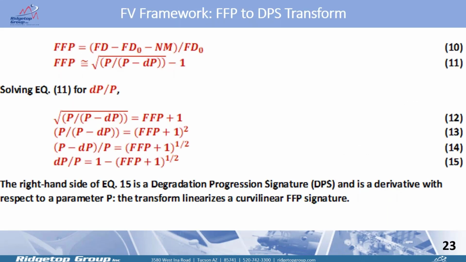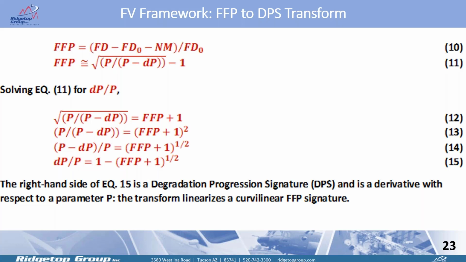Next. So I go back to that equation that we started with, put it in the P and dP form, do the substitution and solve for dP over P, and I end up with the red at the bottom there. That's very nice because I've already converted my feature data into an FFP value.